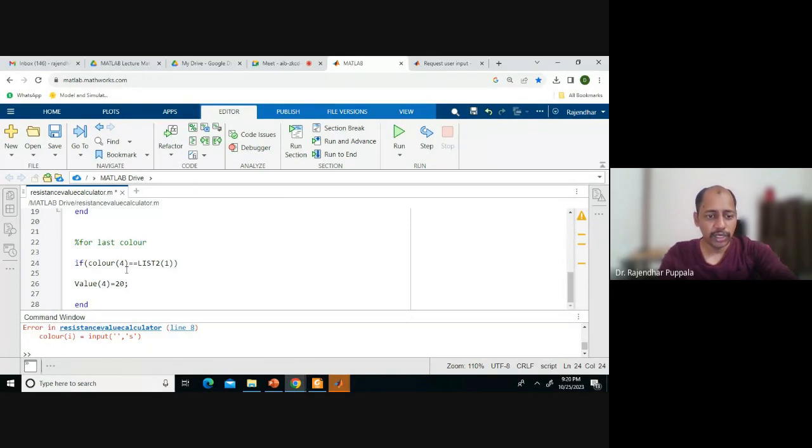So if your color 4 is in list 2, what are the items in list 2? Missing, gold and silver, right? Then the value of 4 is equal to 20. If it is missing, we are considering it as the first element.